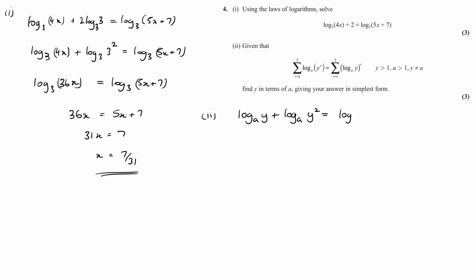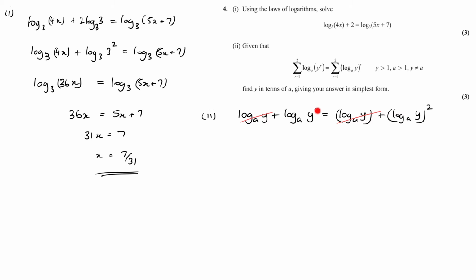So we've got log a y plus log a y squared. Okay, so that's my first part of this expansion. Now, as you can see, we've got a log a y and a log a y. Those two will cancel with each other. Just take one from the other.